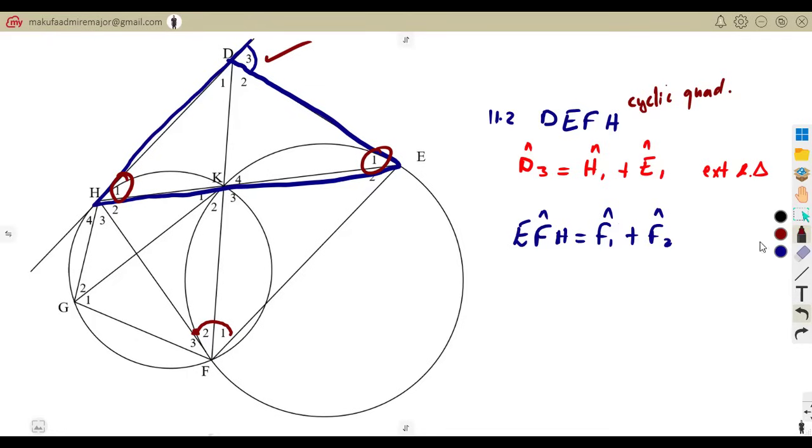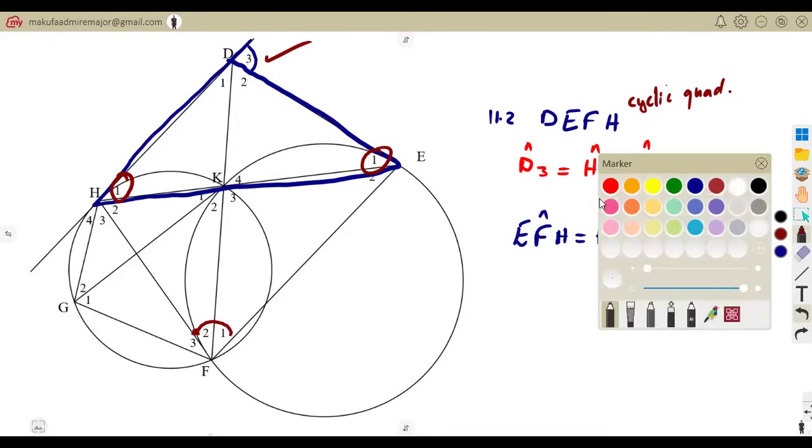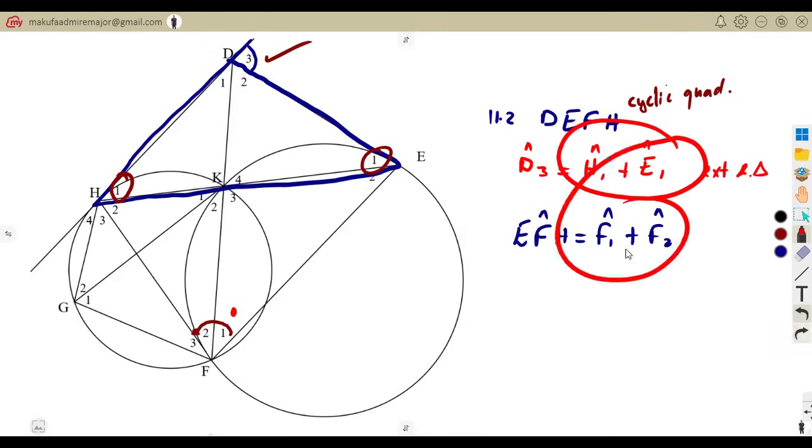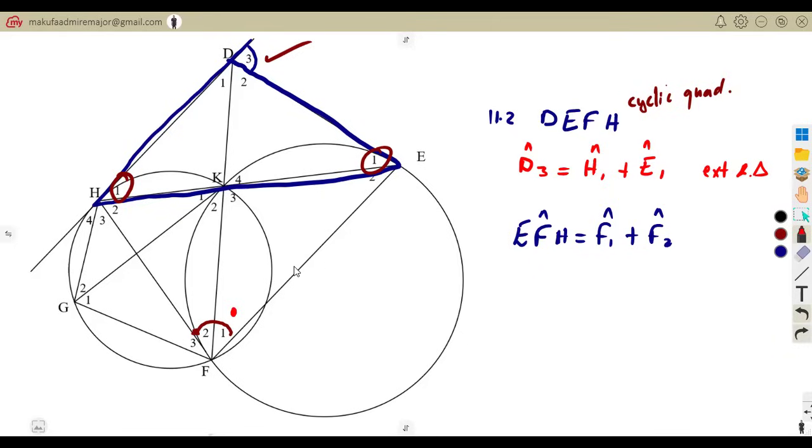All right, let's start with angle F1. Angle F1, this one, can it be related to any of these, H1 or E1? Because they're supposed to be equal. So let's relate from there. The hint is already there, guys. The hint is that these two are supposed to be equal. So is there anything that relates F1 to E1 or to H1, any of these two?